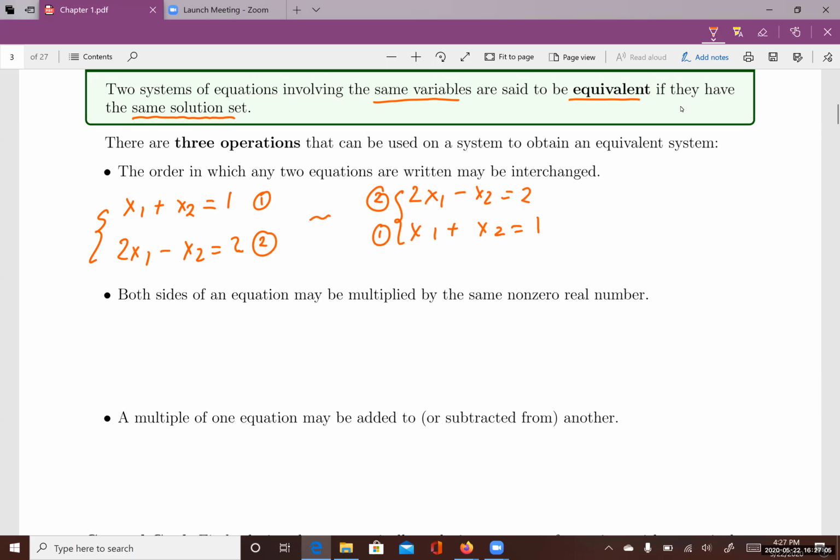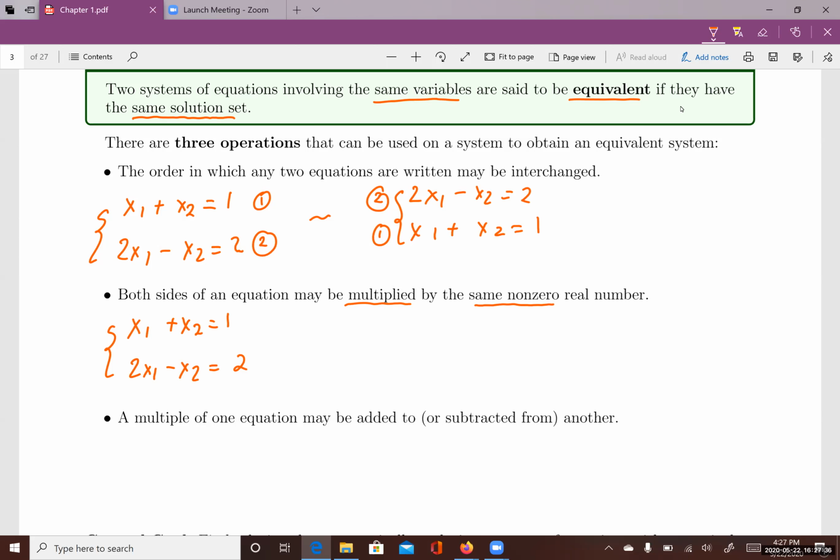The second operation is you can multiply both sides of an equation by the same non-zero number. You take the whole equation, both sides, and multiply by the same non-zero number. For example, I use the same system as above.